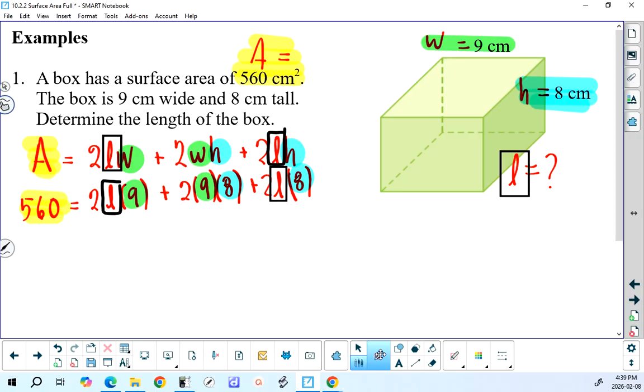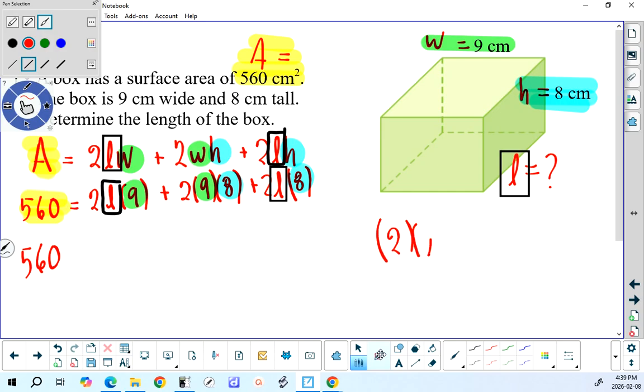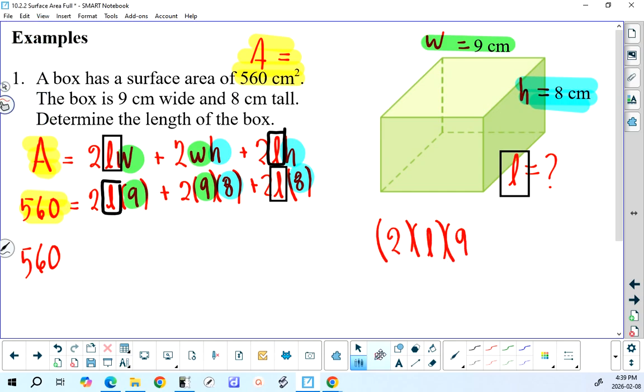So that's the substitution. The second step, and this is crucial, is to simplify. What do I mean by that? Well, we have 560, and then in that next part I have 2 multiplied by L multiplied by 9.